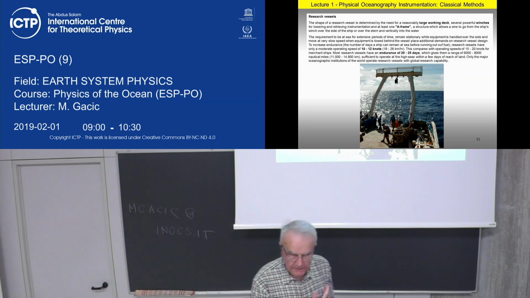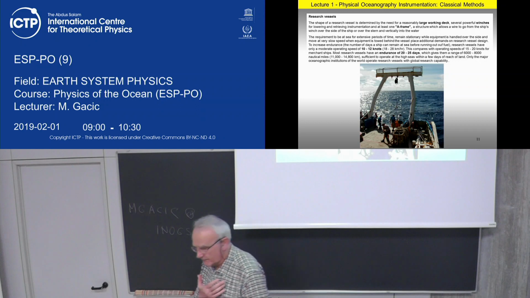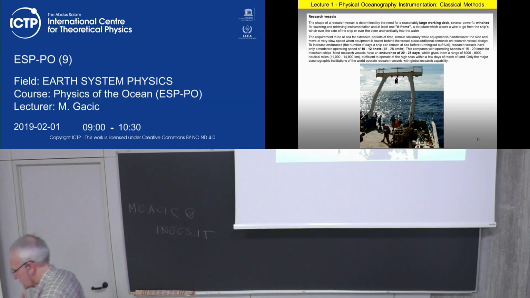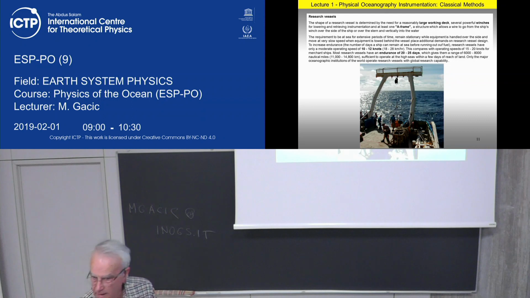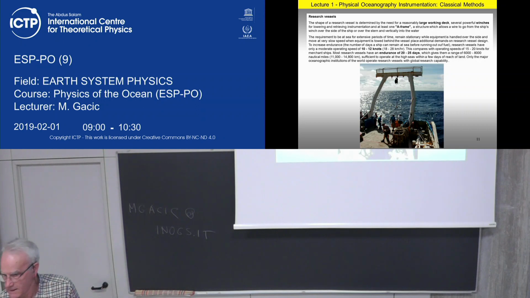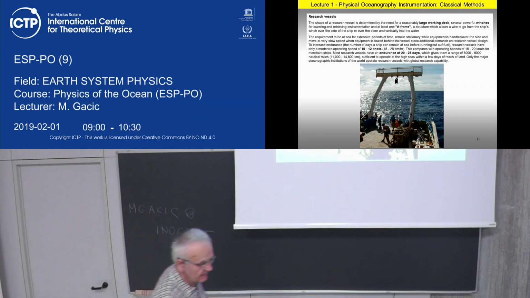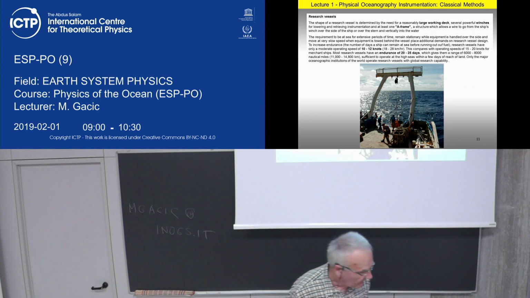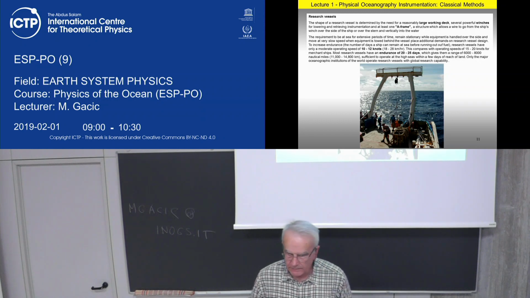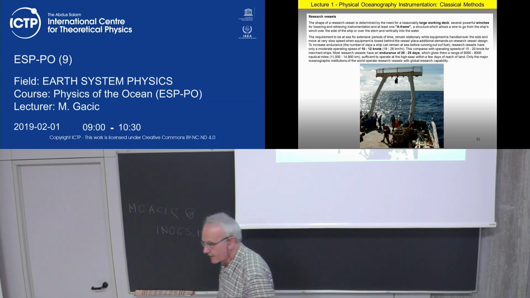And as I showed you before, one of these first oceanographic cruises, which covered the entire globe, lasted about a year and a half, but obviously with intermediate stops at harbors. This is a very long period, not only from the point of view of autonomy, but also from the point of view of collecting data.